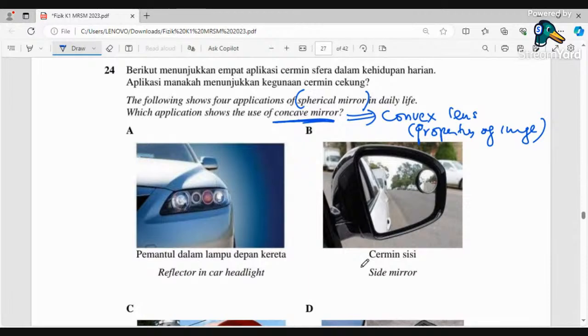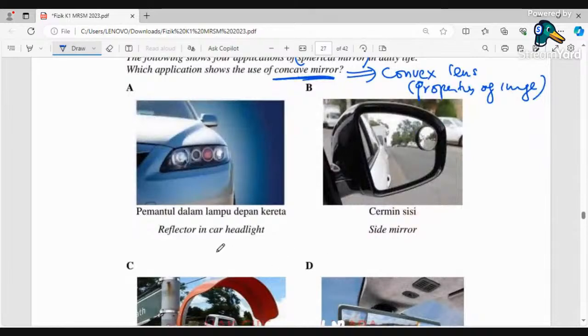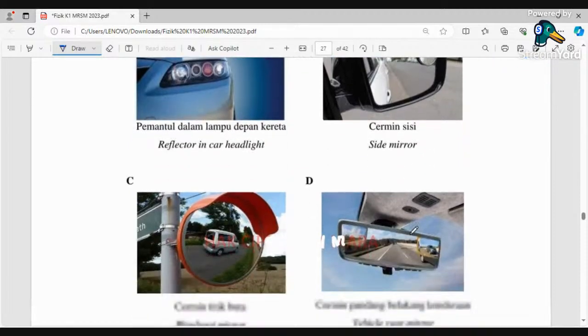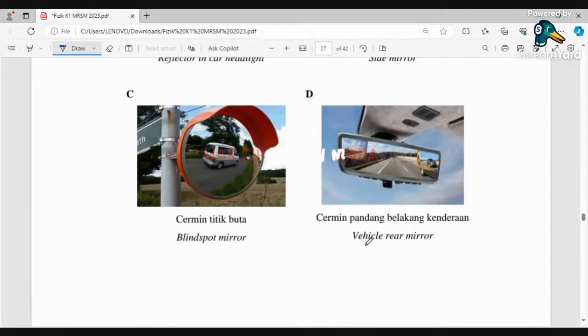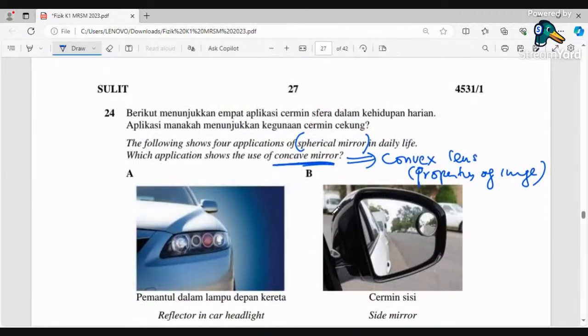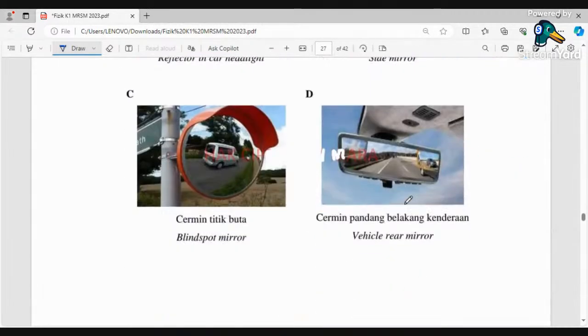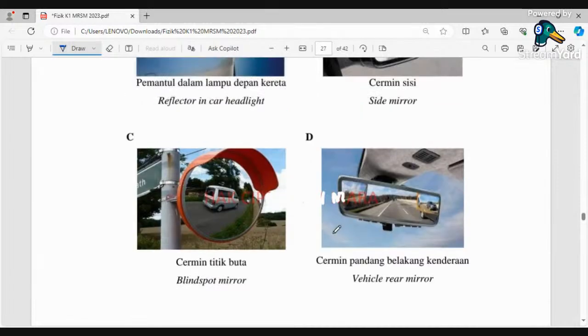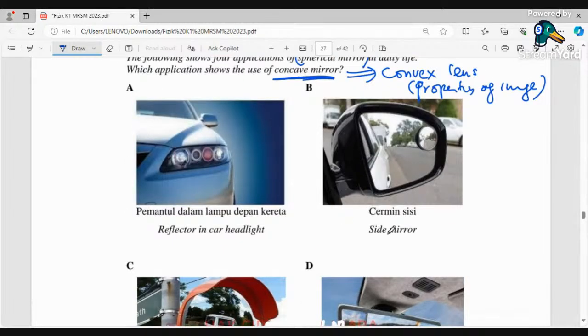Okay, yang mana satu guna concave? Kita ada reflector at car headlight, side mirror, blind corner mirror atau blind spot, and vehicle rear mirror. Kalau you tengok yang ni, side mirror, okay, rear mirror atau blind spot mirror, we want to observe wider field of vision.